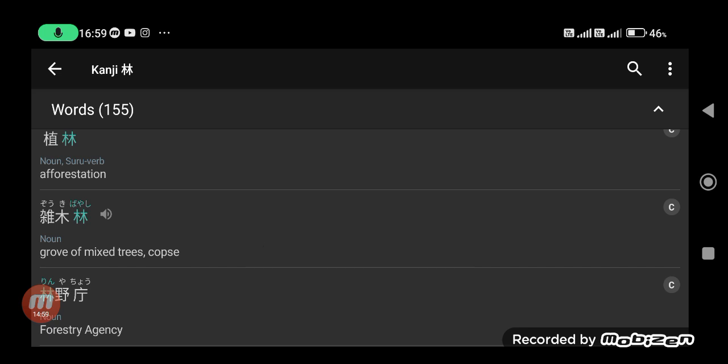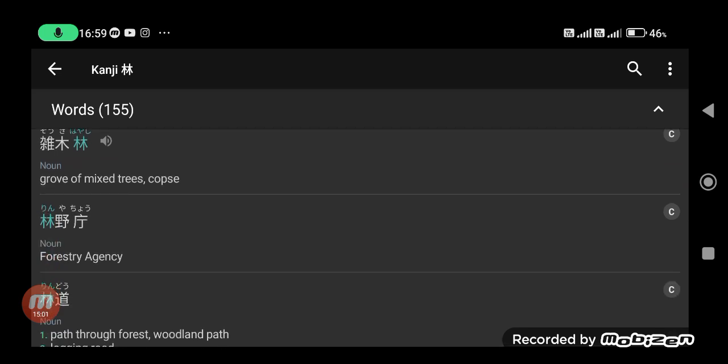So you see, that's zokibayashi. How about this, forestry agency? Usually in Japan, if you travel there, especially in Tokyo, there are many government buildings and government agencies. If you see this kanji, it means an agency or office of the government, cho.